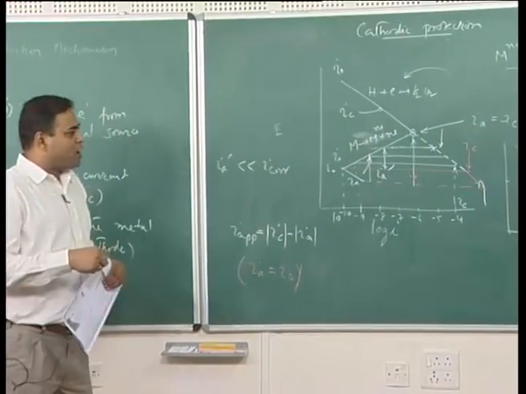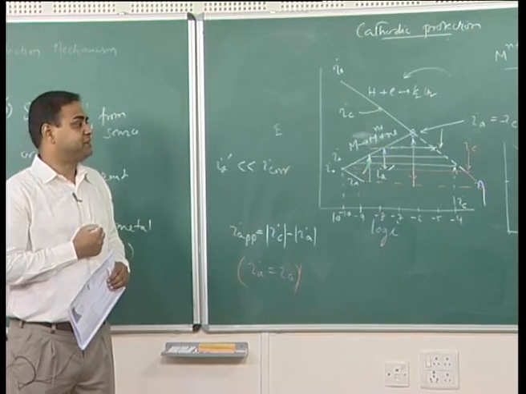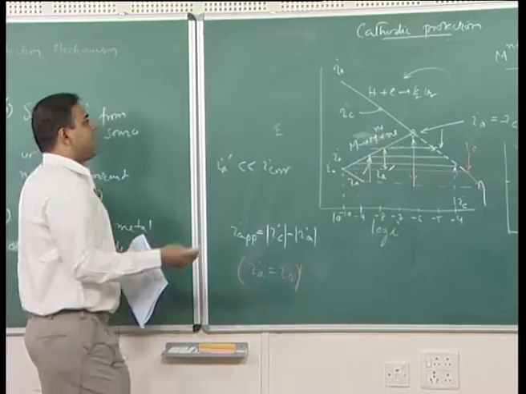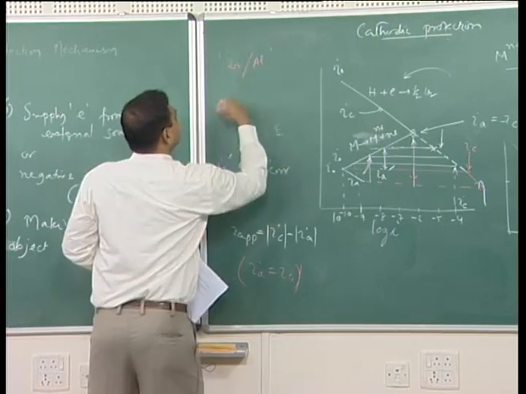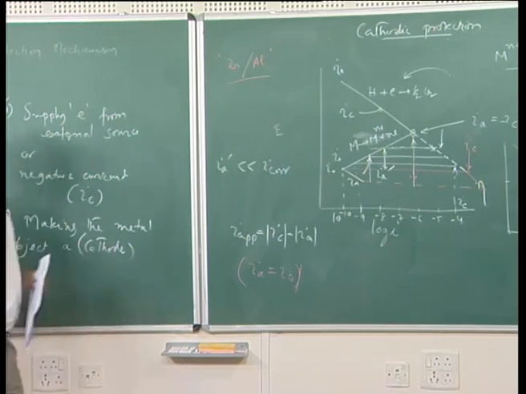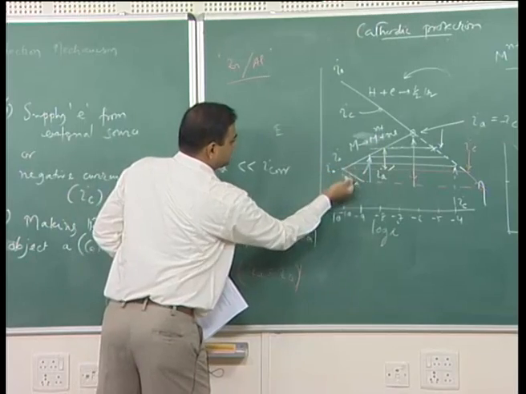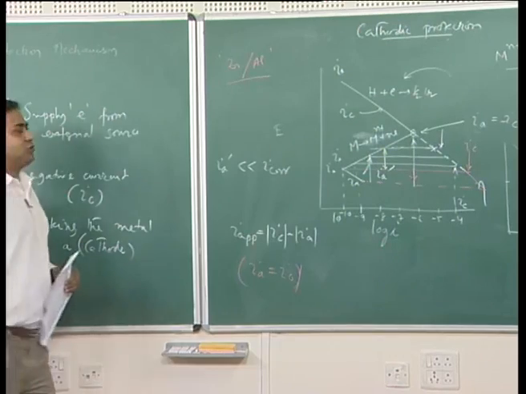One reason is the huge current supply, and the second reason is, in case of an amphoteric metal like zinc or aluminum, there will be further corrosion because of taking the potential below this. This is called cathodic corrosion.